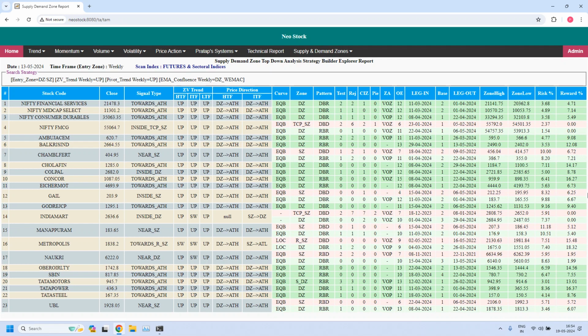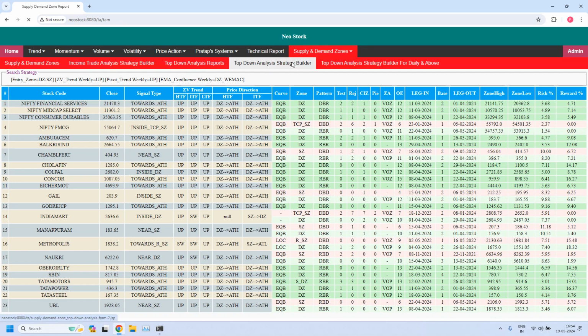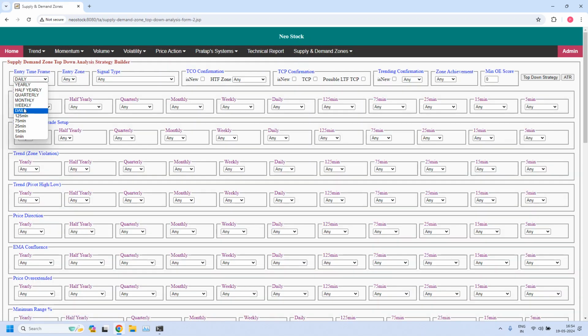And similarly, let us identify stocks with supply zones having a weekly EMA confluence. So the entry time frame is weekly, and EMA confluence in weekly time frame we are selecting: supply zone with weekly EMA confluence.